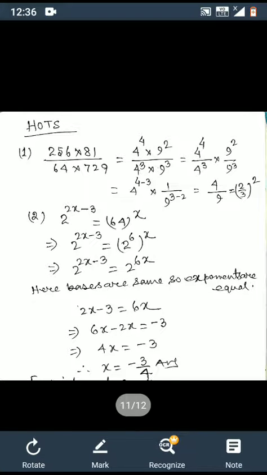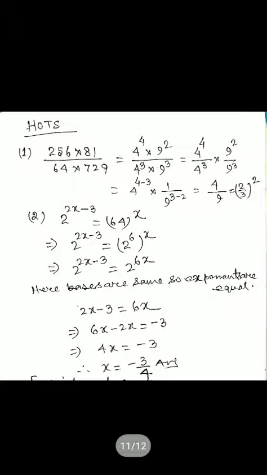Question number 2. If 2 raised to the power 2x minus 3 equals 64 raised to the power x. Now it can be written as 2 raised to the power 2x minus 3 equals 64, which can be written as 2 raised to the power 6, whole raised to x. Now 2 raised to the power 2x minus 3 equals 2 raised to the power 6x.